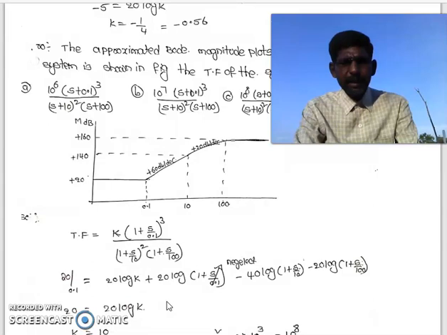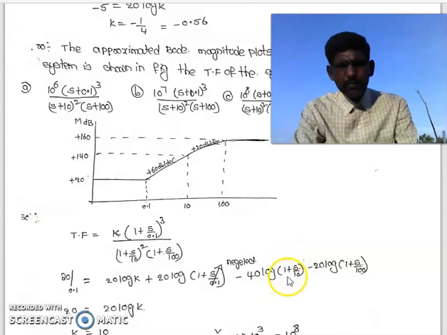To find the k value, what is the initial magnitude? The initial magnitude is 20 at 0.1. That is equivalent to 20 log k plus 20 log of 1 plus s by 0.1, minus 40 log of 1 plus s by 10, minus 20 log of 1 plus s by 100.